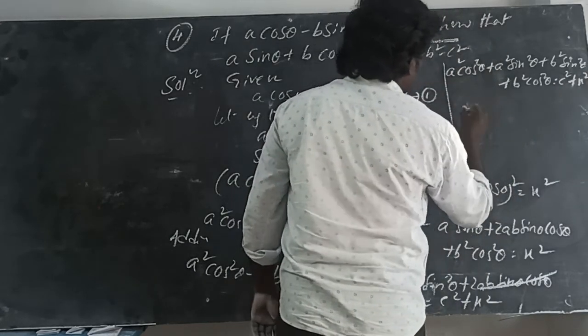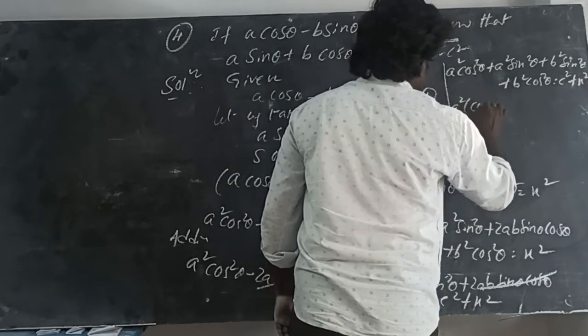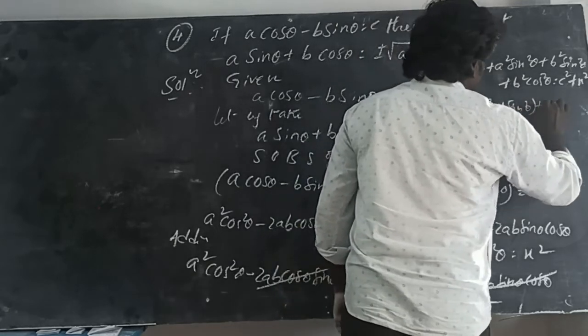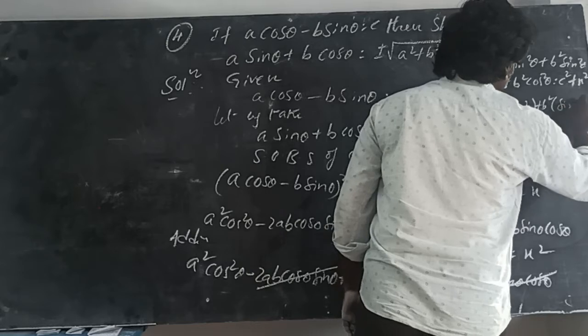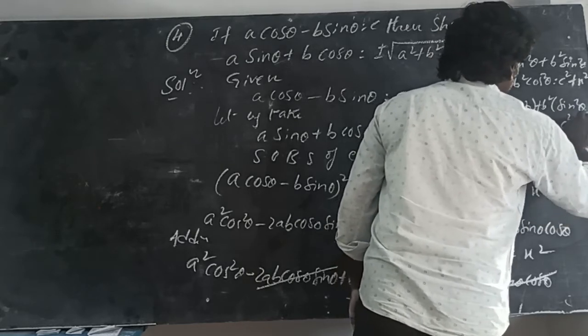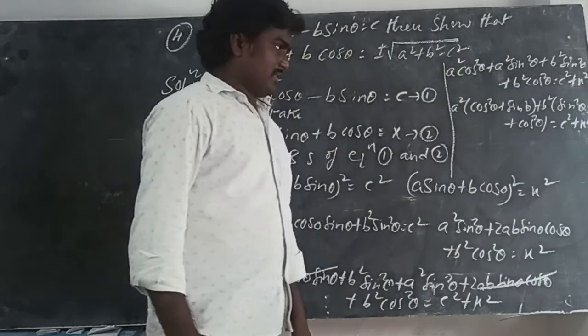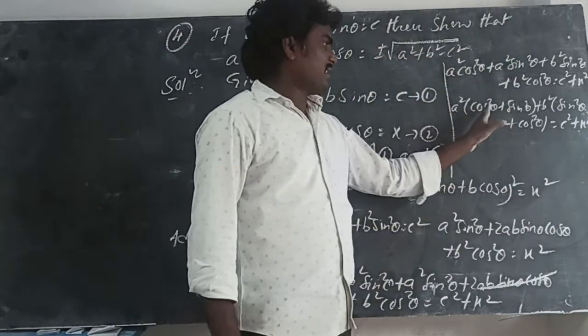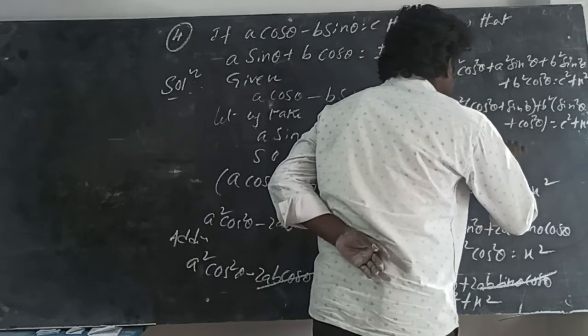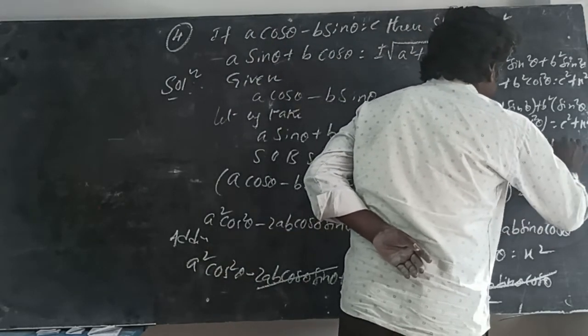That is, A square times cos square theta plus sin square theta, plus B square times sin square theta plus cos square theta, is equal to C square plus X square. We know the trigonometric identity sin square theta plus cos square theta is equal to 1. So A square plus B square is equal to C square plus X square.